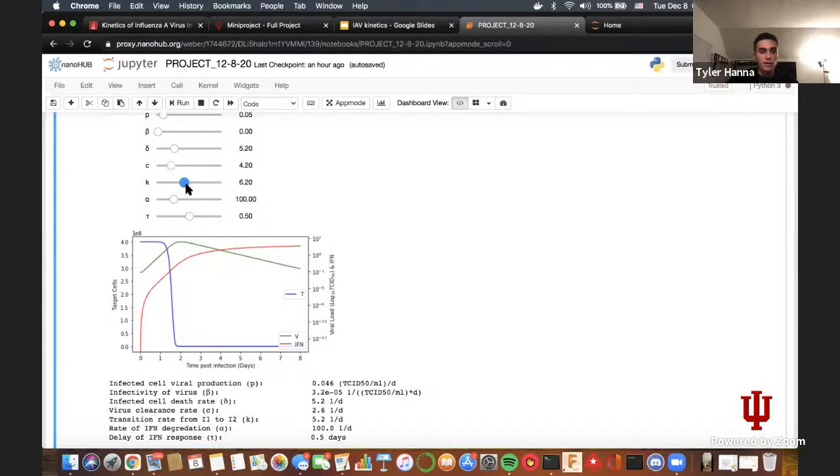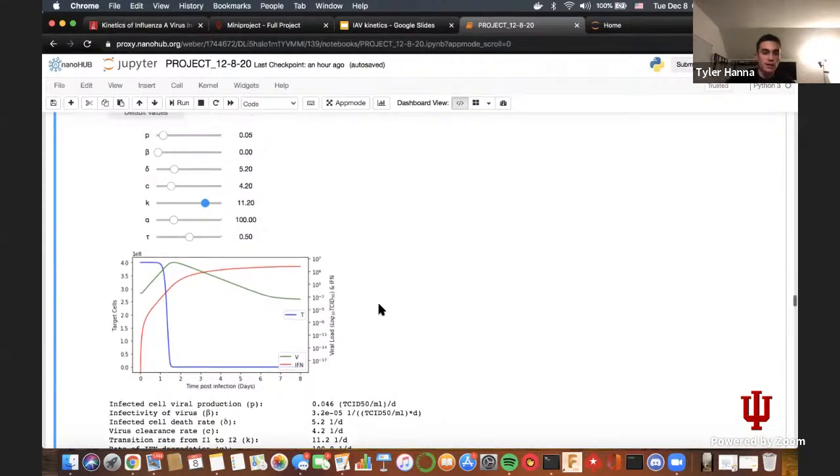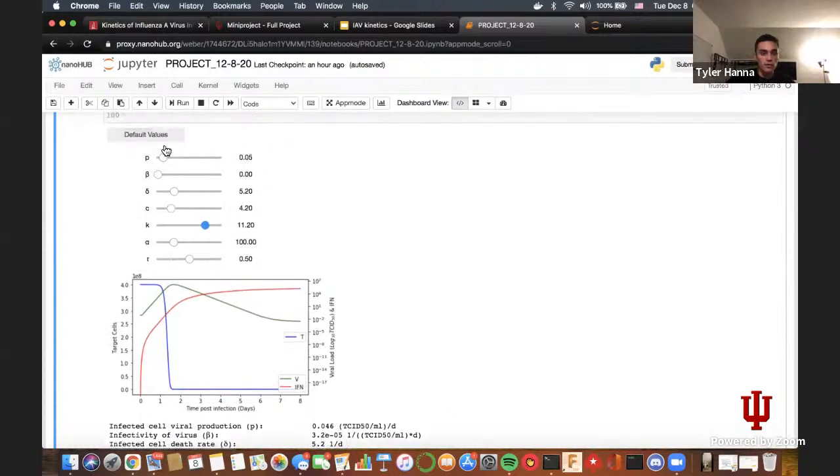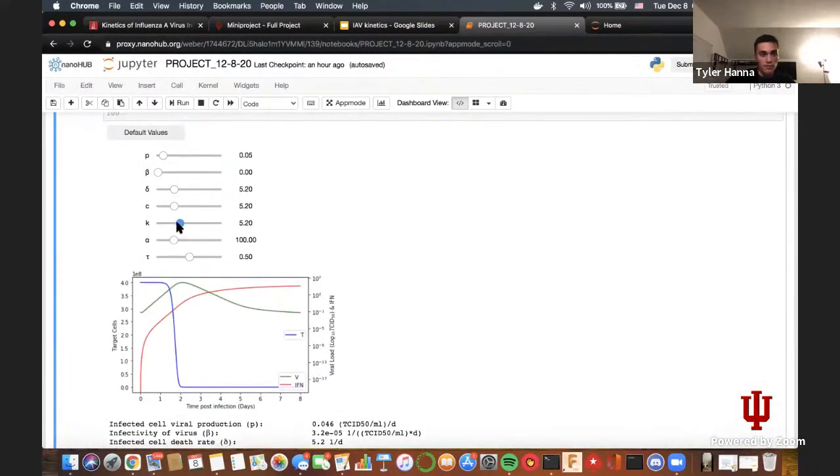And by increasing our transition rate, we will see an increase in both interferon production as well as viral load, as the rate of cells going from a non-productive state to a productively infected state is going to increase the viral load as well as the interferon presence.